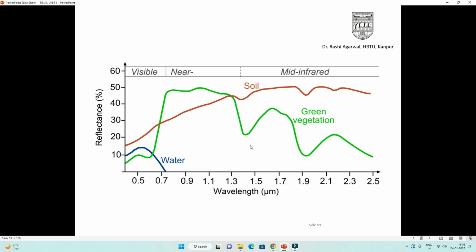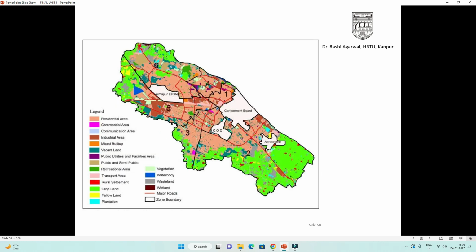Green vegetation looks like this, soil looks like this, water looks like this, and I could have n number of classes and spectral signatures of all those classes, and based on the grouping of that spectral signature I could classify the pixels from the satellite image into a land use map.